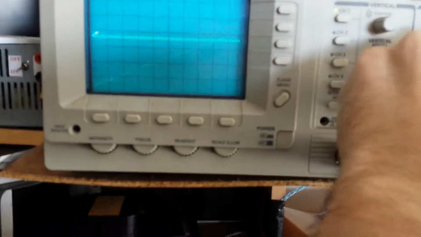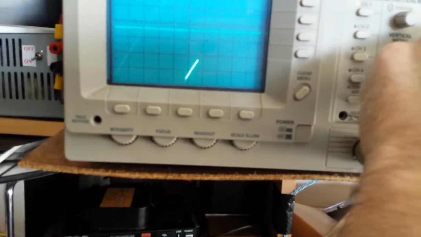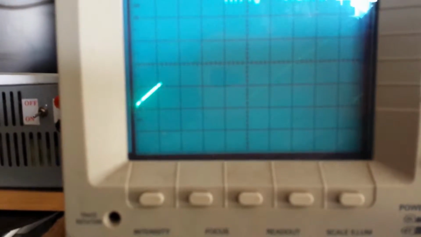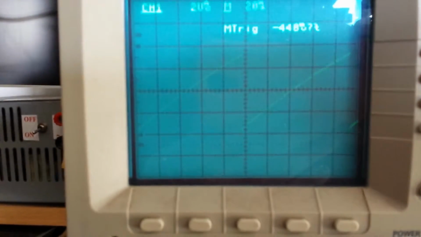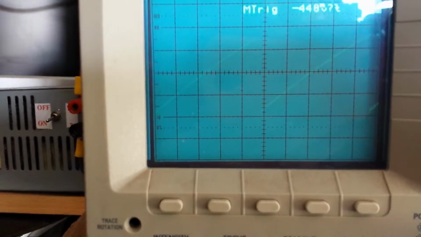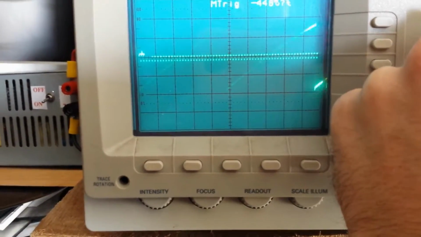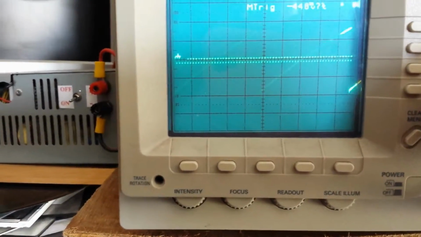Okay, so I'll bring up my field pulse. As it's a lot slower, the lines aren't as persistent, but looking at it, just get it into position.